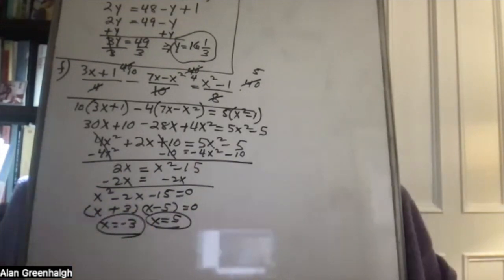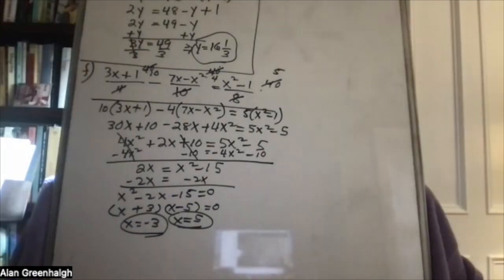Do we need to check for extraneous solutions? That's the question. Why don't we have to check to see, using this solution, if either one of these two are extraneous solutions? Why isn't that necessary here?